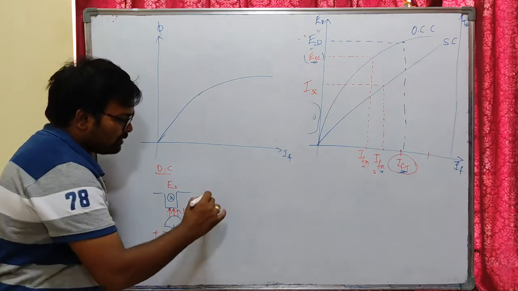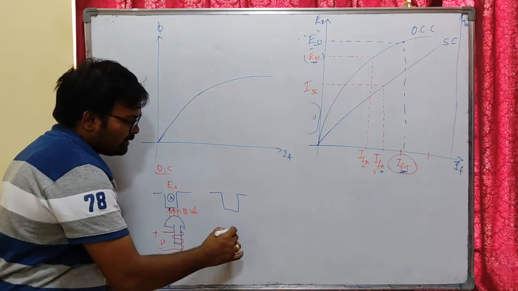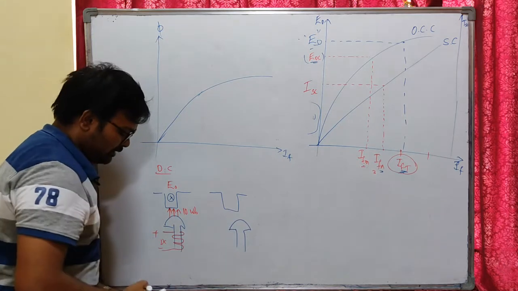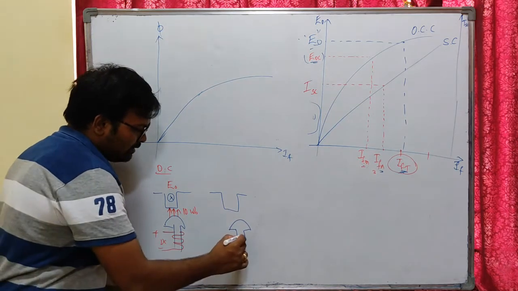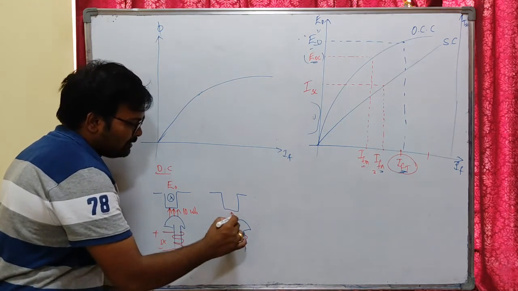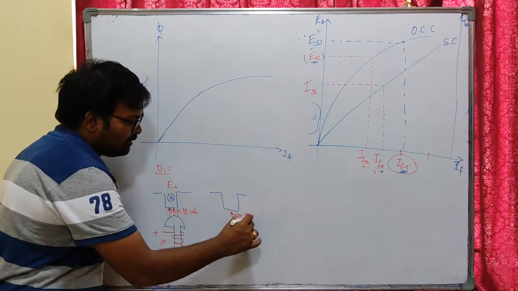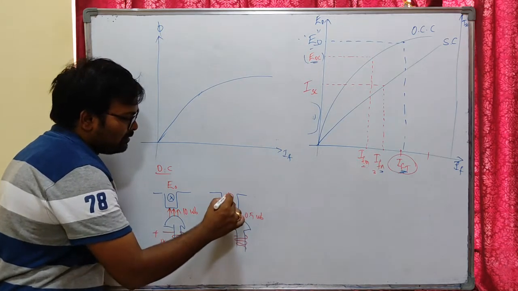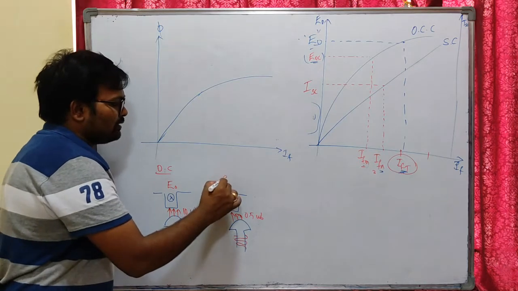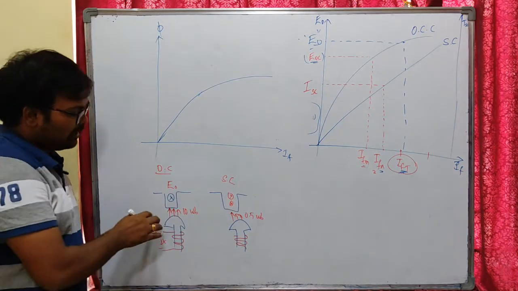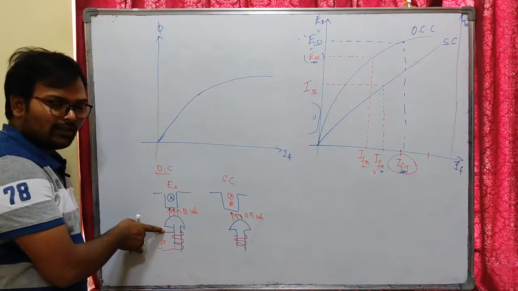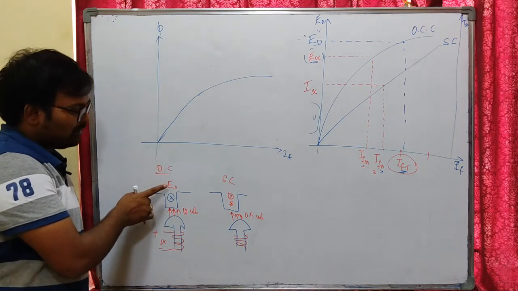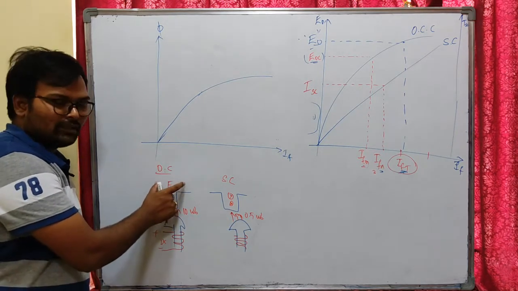So under short circuit condition, what will happen? Under short circuit condition, the field current is only to supply our impedance drop, that is the synchronous impedance drop, which will be around 0.5 Webers, okay. Under open circuit condition, the main field flux is only to generate the rated terminal voltage, the rated open circuit voltage, that is E naught.